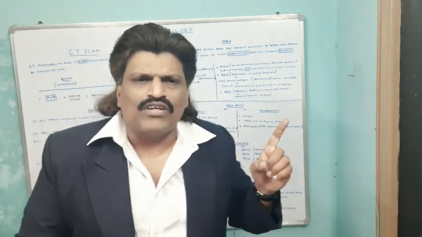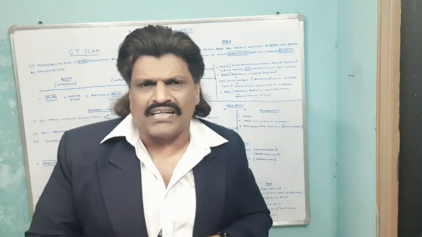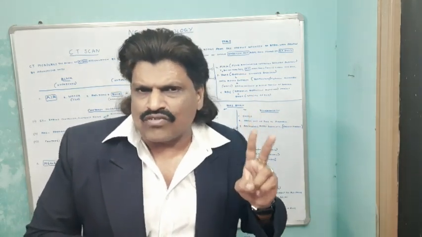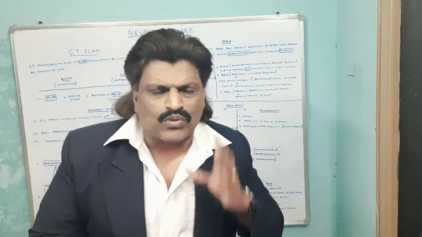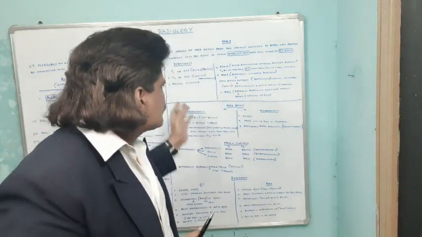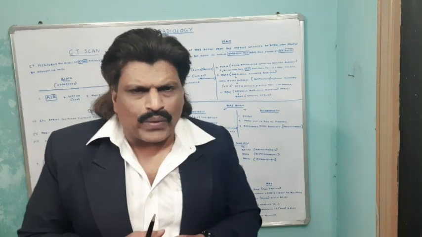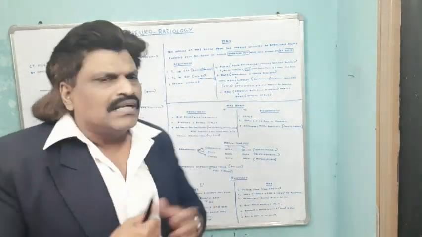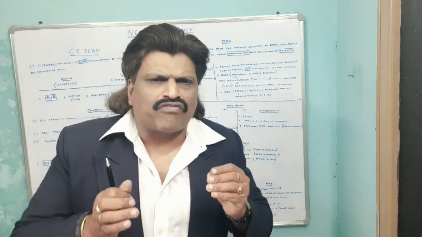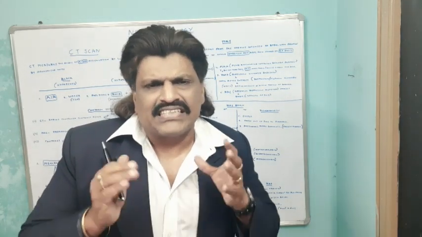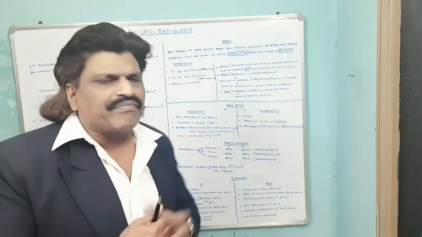The T1 is very useful for defining the anatomy of the CNS. The T2 sequence is very useful to define the abnormalities, the various disease processes which we see in the CNS. The third is proton weighted sequence. The sequence which we use very commonly and is found very useful in CNS lesions is FLAIR.